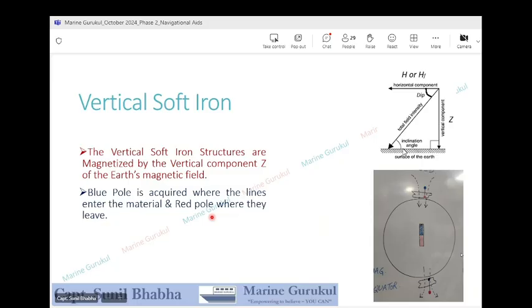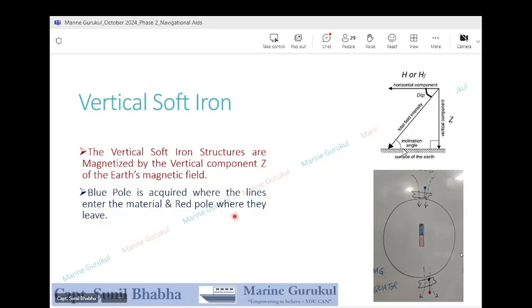If the ship is at the North Pole, the Earth's vertical component, Z component, is the strongest there. The magnetic field lines at the North Pole are going vertically downwards. So if a ship is standing on the North Pole, you will see that the magnetic lines of force will be going vertically downwards into the Earth's surface.